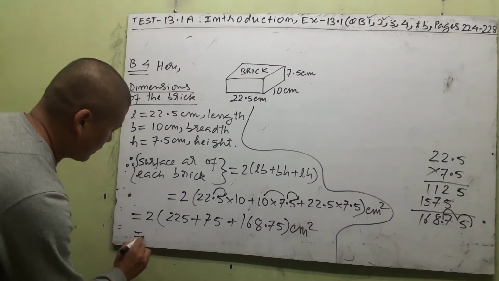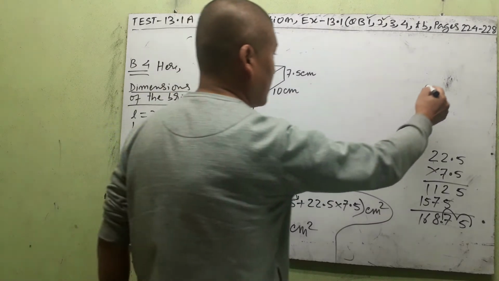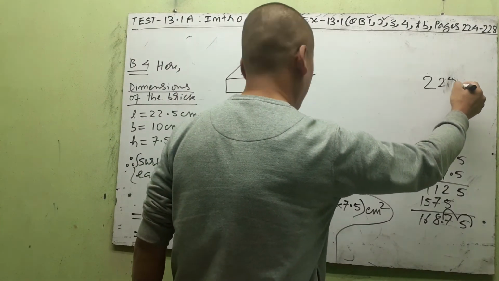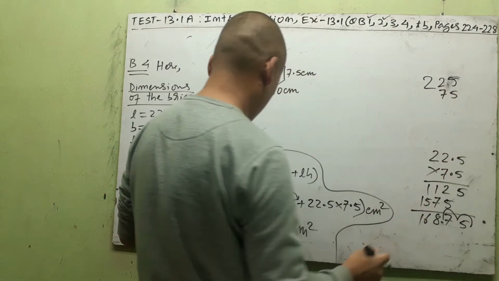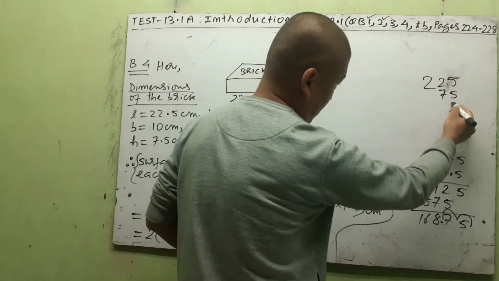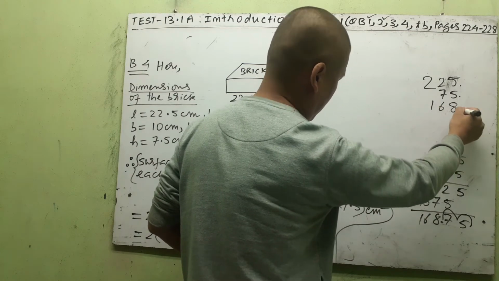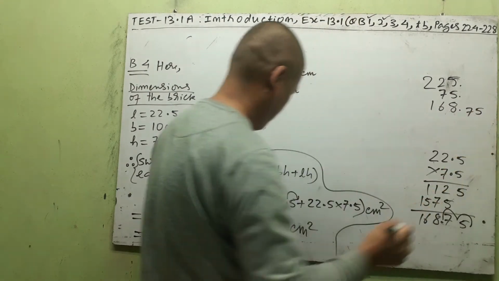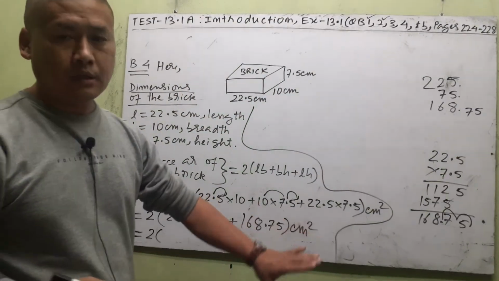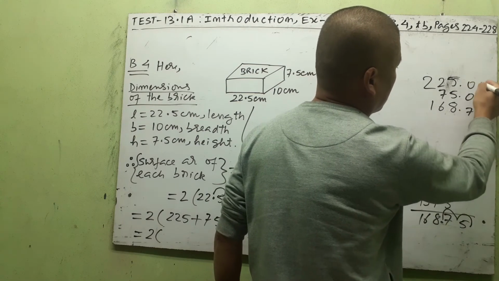So that will give you equal to 2 into, so we have to add this up, 225 plus 75 plus here 168.75. So 8 should come here, 6 should come here, 1, because point should be on the same line while adding. Then 75. Since there is nothing indicated, we can put 0, 0 for filling these two spaces.